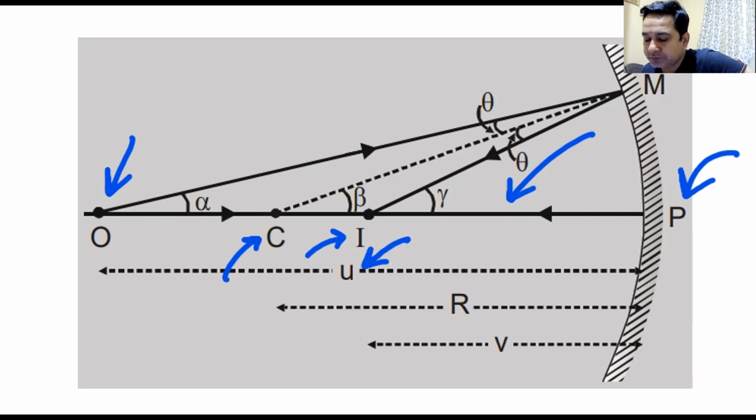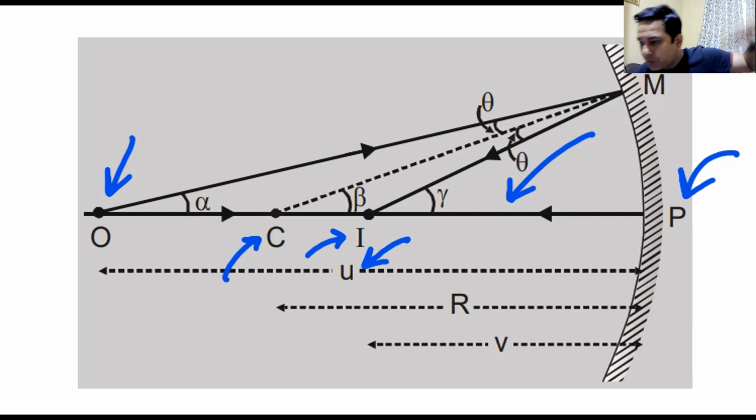What is this? This is U. U is the distance of the object from the mirror. Did I tell you that in plane mirrors or not? U is the distance of the object from the mirror.